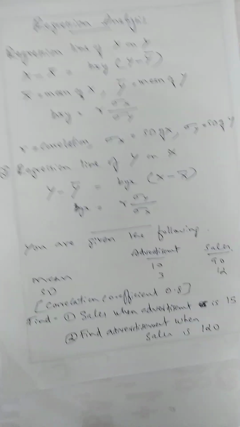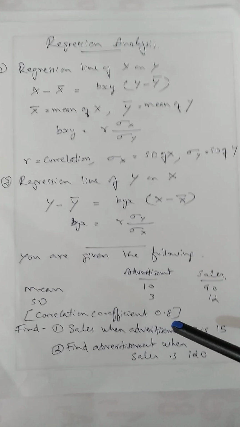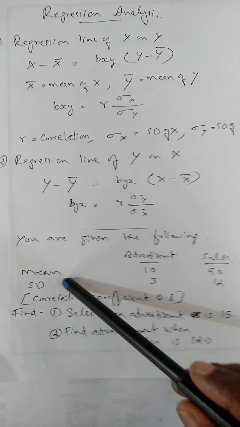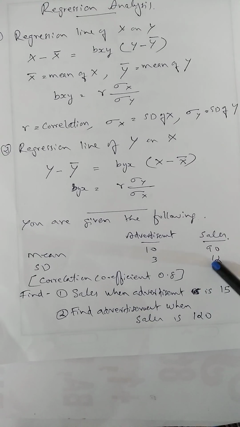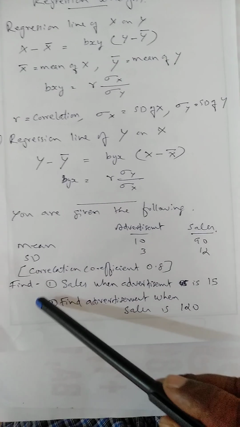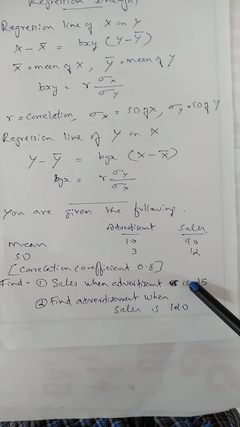Okay. Now I explain this question to find a regression equation. What are the items given in the question? You are given the following: mean and standard deviation of advertisement and sales are given to you. Then correlation coefficient is also given. Two further questions are there. Find sales when advertisement is 15.